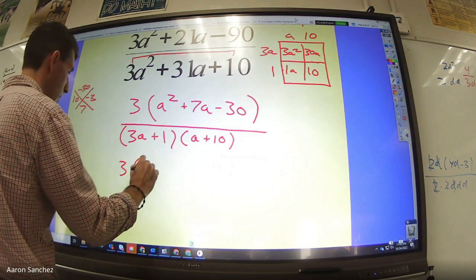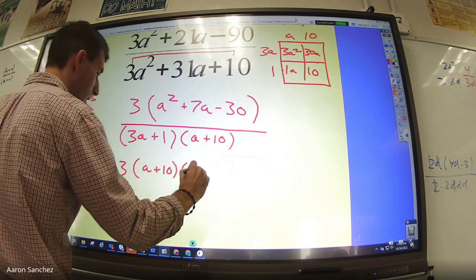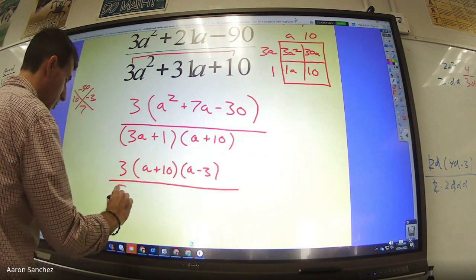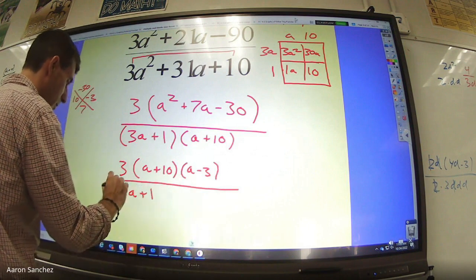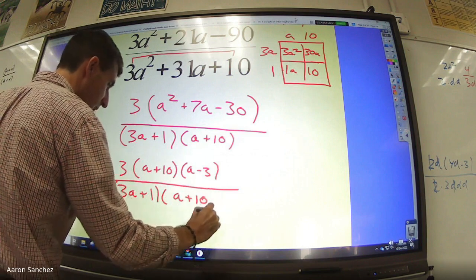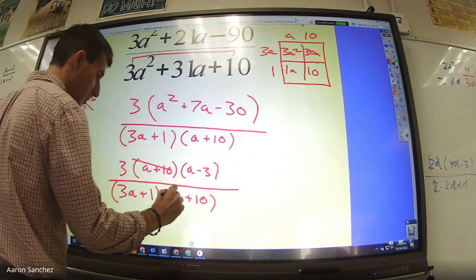So I got here 3 times a plus 10 times a minus 3 all over 3a plus 1 times a plus 10. Just factoring that out. And now you can see that the a plus 10 can be canceled.